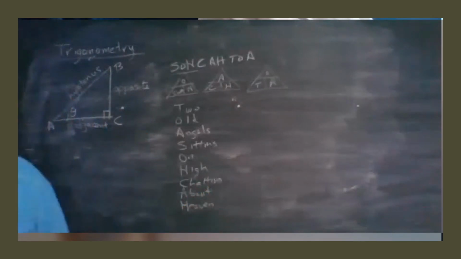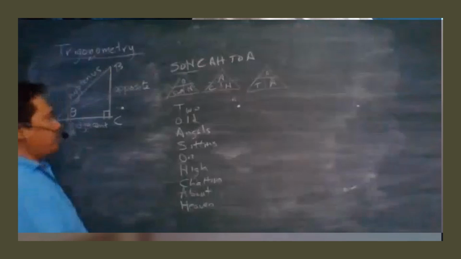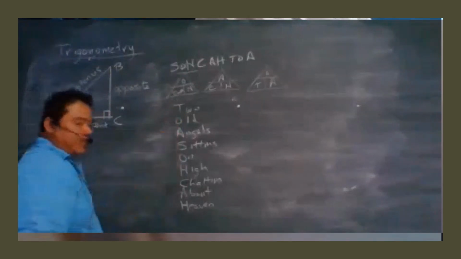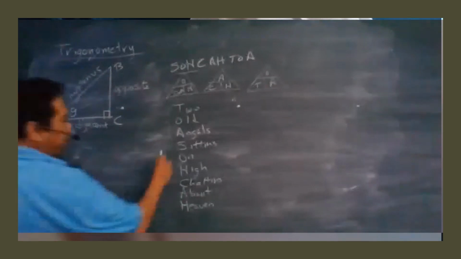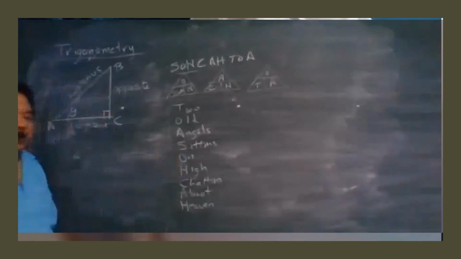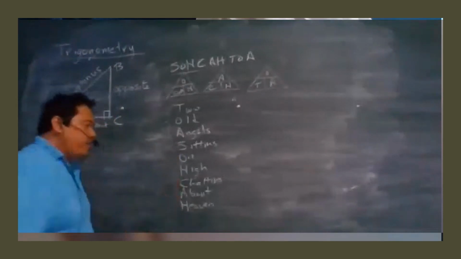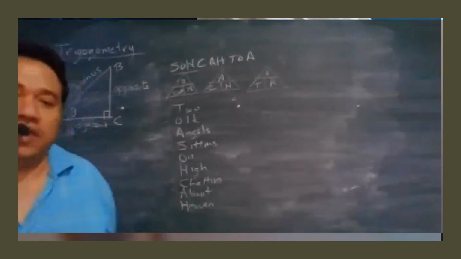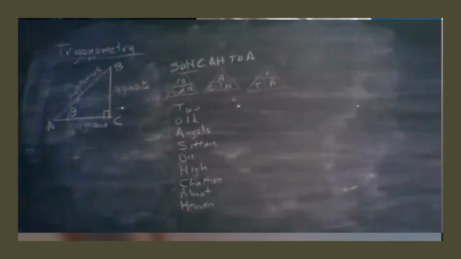Alright? So with the use of the first letter of every word, you can see TOA, which is the tangent equals opposite over adjacent, SOH, sine equals opposite over hypotenuse, and CAH, cosine equals adjacent over hypotenuse. So these are known as mnemonics.